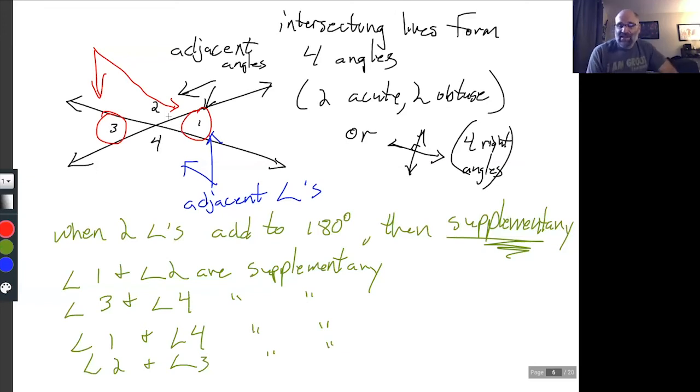They look like the same measurement. So these are what we call vertical angles. Okay? They have the same vertex and they go in opposite directions. Okay? So vertical angles are formed when you intersect lines. So we can also say that 2 and 4 are also vertical angles.